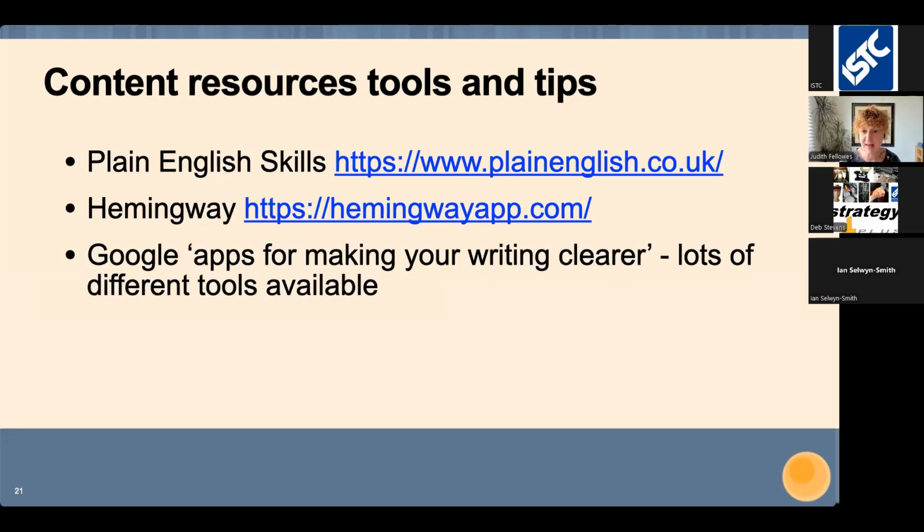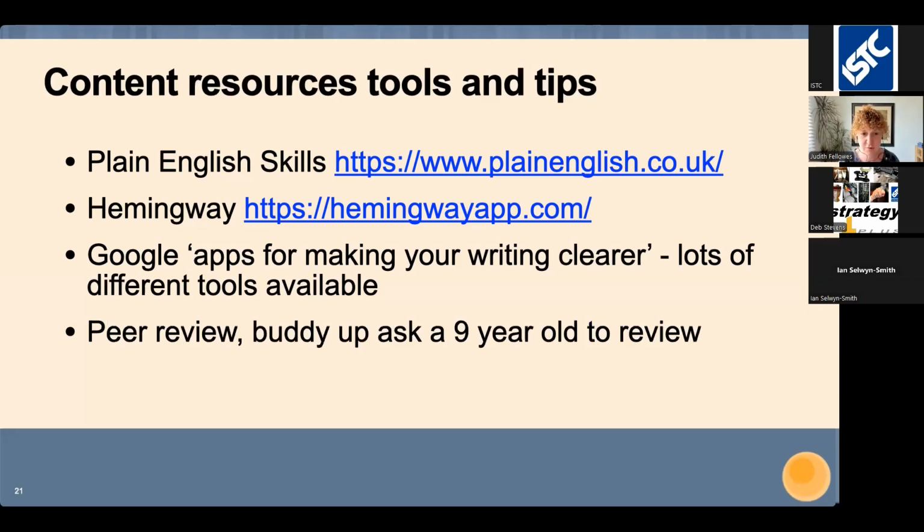So just have a look at apps for making your writing clearer, and see if there's anything that you particularly like. And I'd encourage you to share notes on this. However many of you there are, so many of you can go off and look at this, that and the other, and then you'll get through things a bit quicker and hopefully be able to come up with more options for your group.